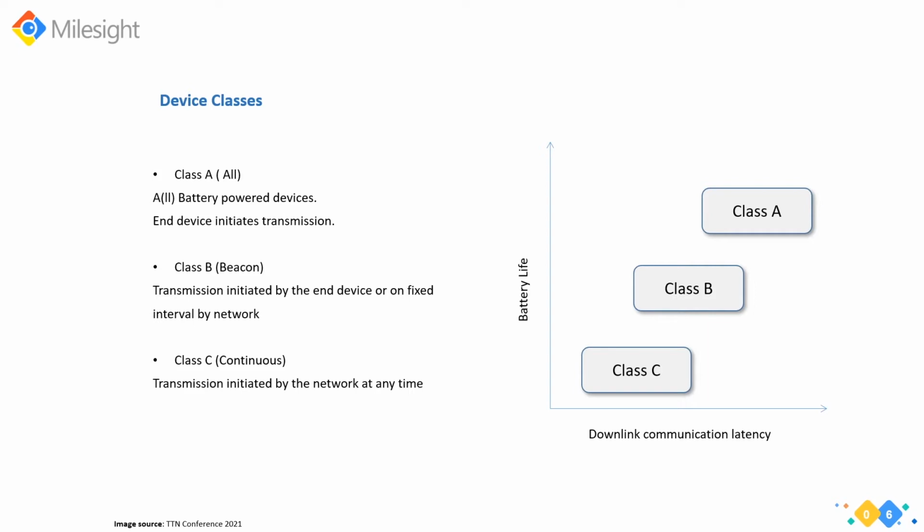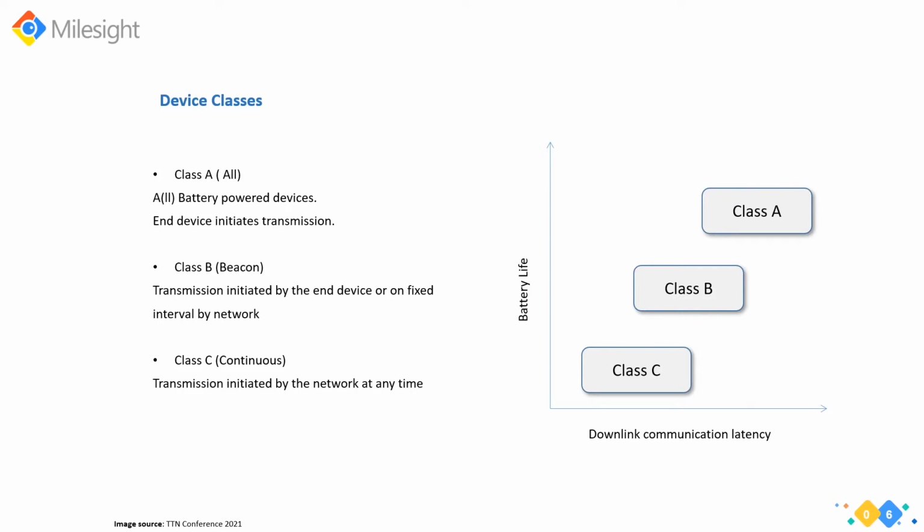Class B is not as power saving as Class A, but it allows the network to send a message to the end device at a fixed time interval, even if there is a downlink message delay of a few minutes.